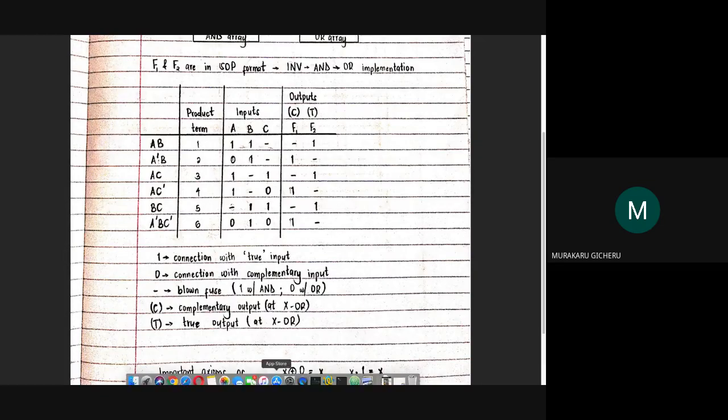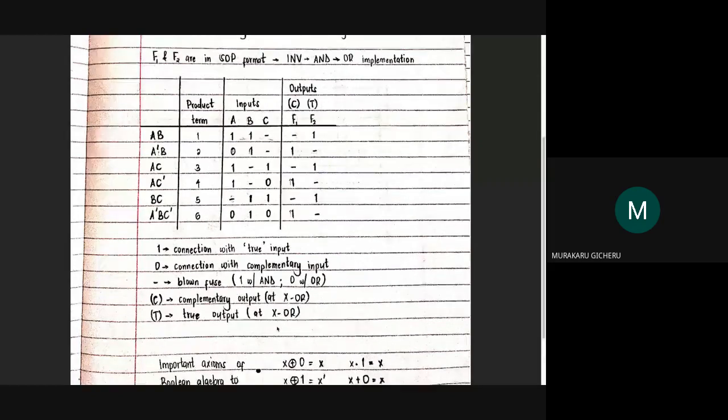So C here means that eventually the output will be this. C and T are for the XOR part, which we will get to. C means that the output at the XOR gate will be complementary to the input, but T, which stands for true, will just give the true output the way it came from the OR gates.